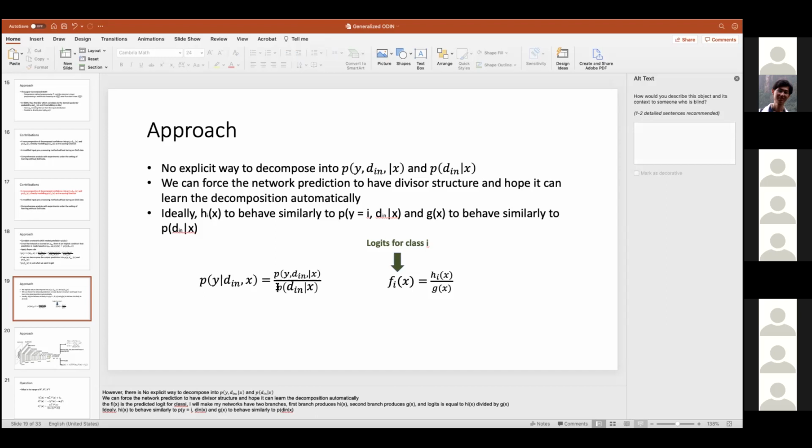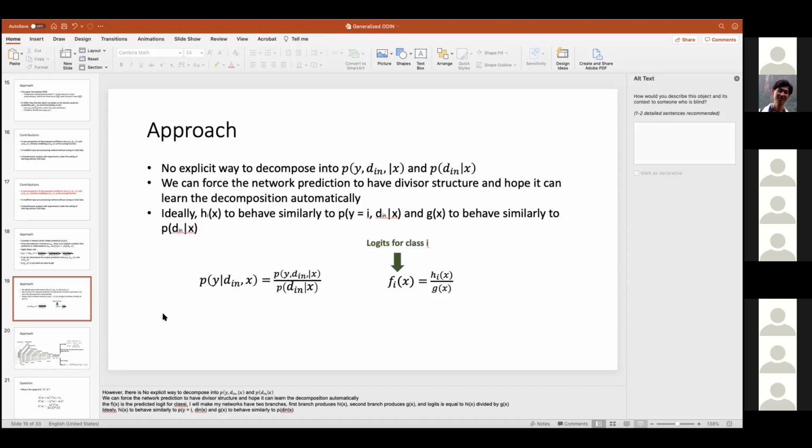So somehow it looks smart until now, right? Yeah, but I feel it is not clear because the story is good, but how do you make sure that this gx really learns the conditional probability we want to get? Yeah, I understand. It means that just conforming to such a form does not necessarily mean gx equals P(D_in | x), right?